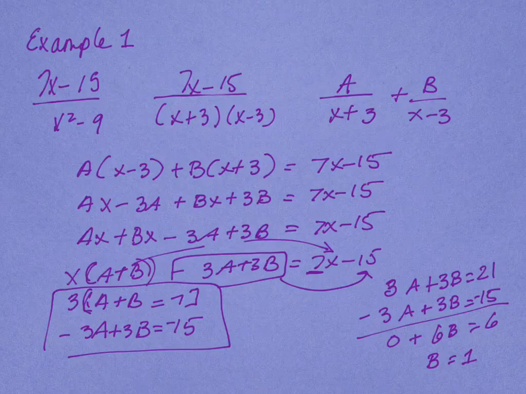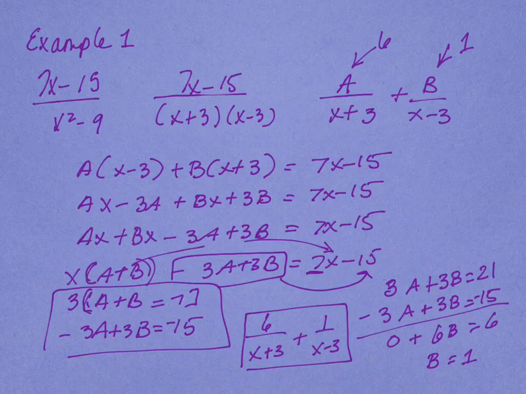Then a plus b was 7, so a has to be 6. So my decomposition is 6 over x plus 3 plus 1 over x minus 3.